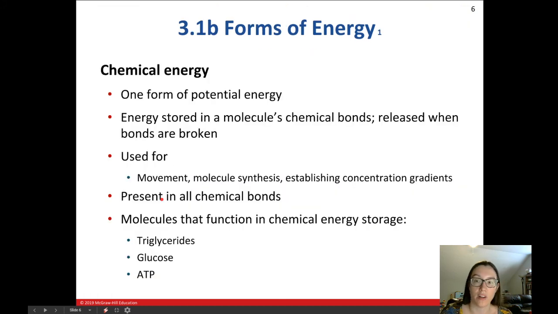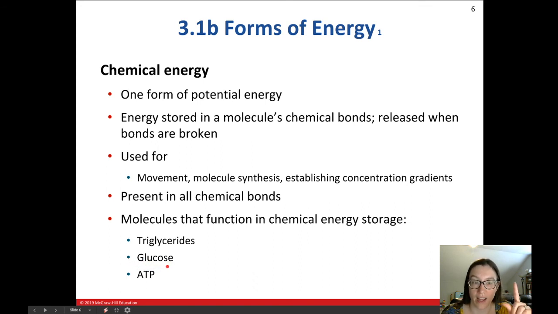This chemical energy is present in all chemical bonds, but molecules that are pretty important that we use to store energy are going to be triglycerides. Remember, triglycerides were a storage form of what? Which biological macromolecule? A storage form of lipids. Glucose. And how is glucose stored?